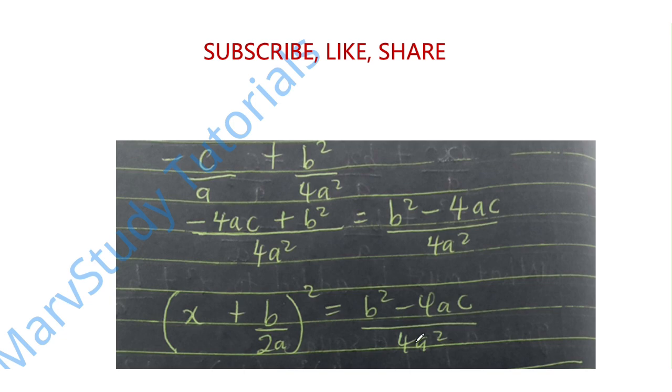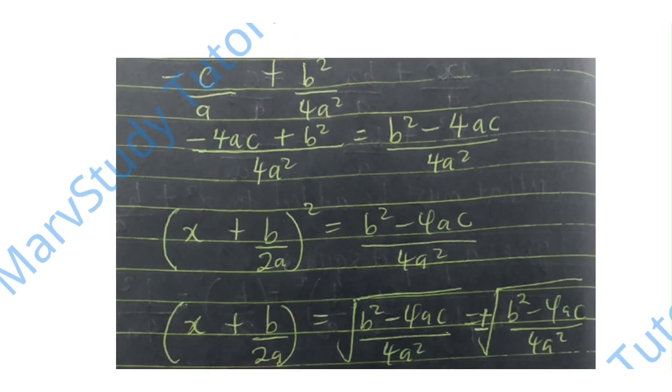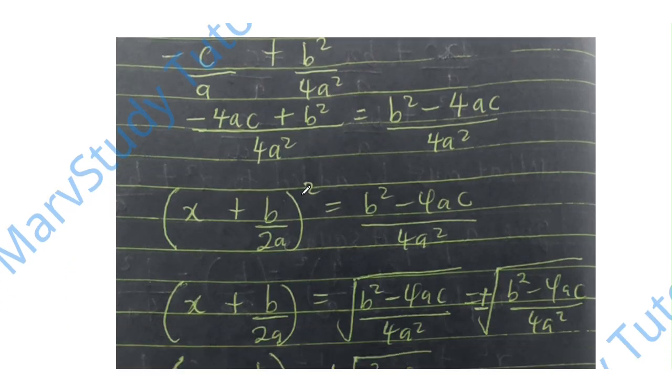Then to clear the square in this expression, x plus b over 2a all squared, we have to find the square root of both sides to remove that square. So we find the square root of both sides. The square on the left is gone, and then we have the square root of b squared minus 4ac all over 4a squared.